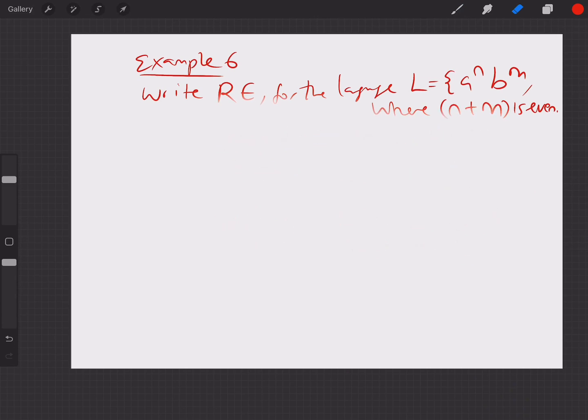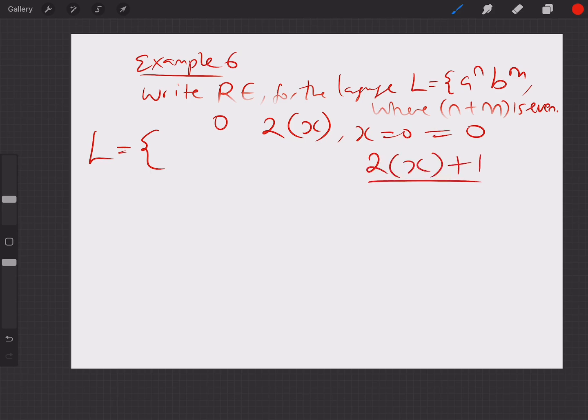So let's write some of the strings that could exist. 0 is an even number because we can have 2 into the bracket x, where x is equal to 0, we have 0. But for odd numbers, we're going to have 2x plus 1. That's the general formula for odd numbers.